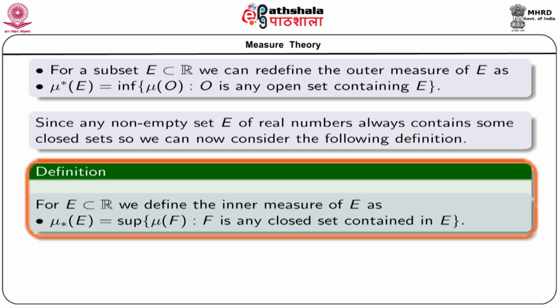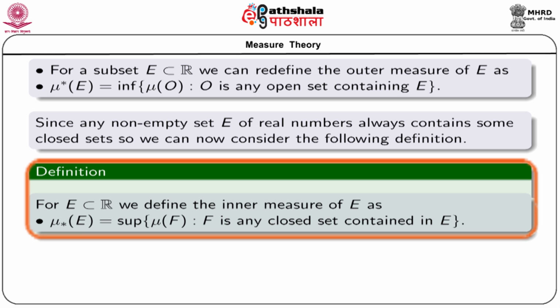In the case of outer measure, we are taking open sets containing E, we are taking the measures of those open sets and calculating the infimum of all these numbers.